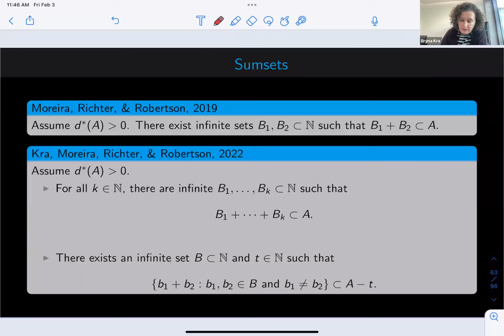And in fact, one can take the translate t to either be 0 or 1 here. And this has to do with the fact that we're summing two sets here. Okay, so those are the statements of the theorems.